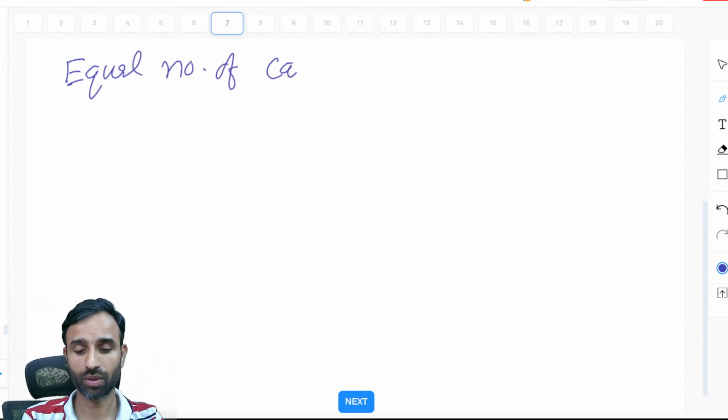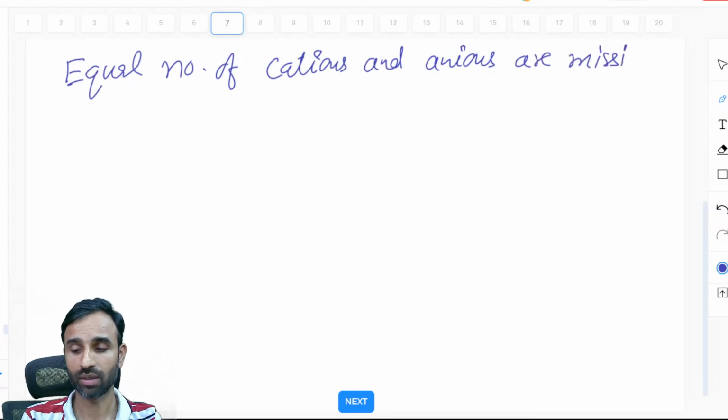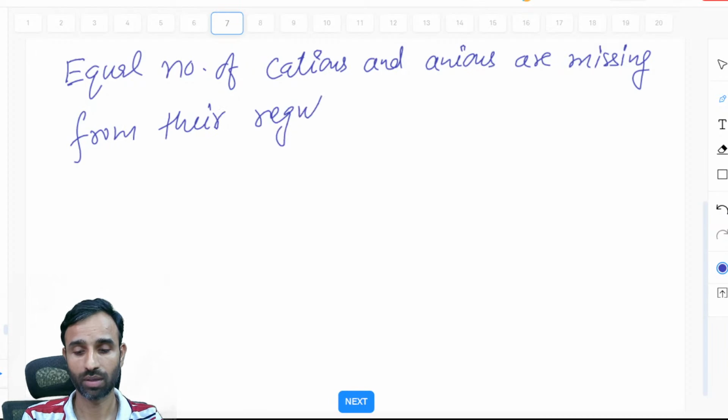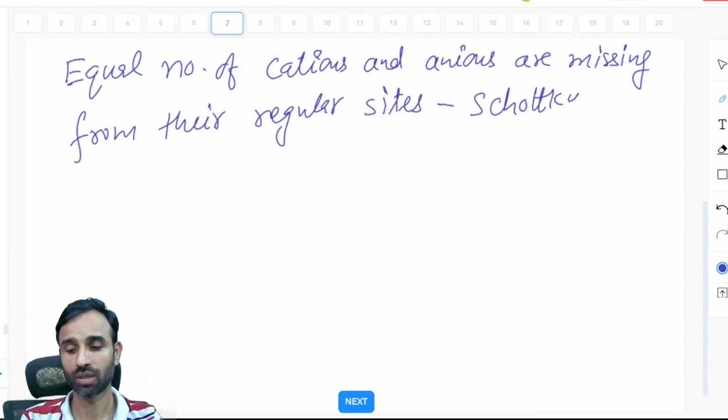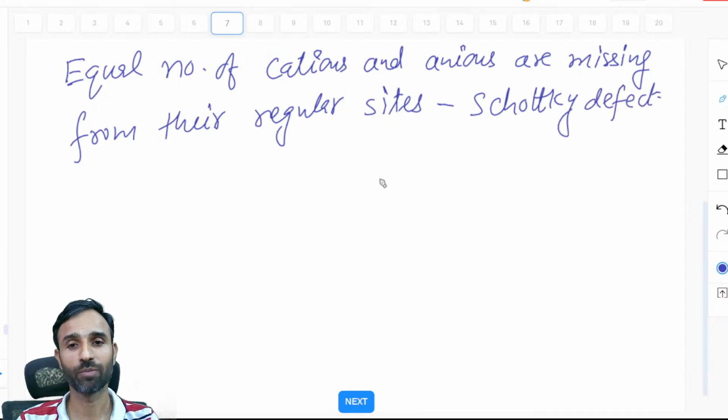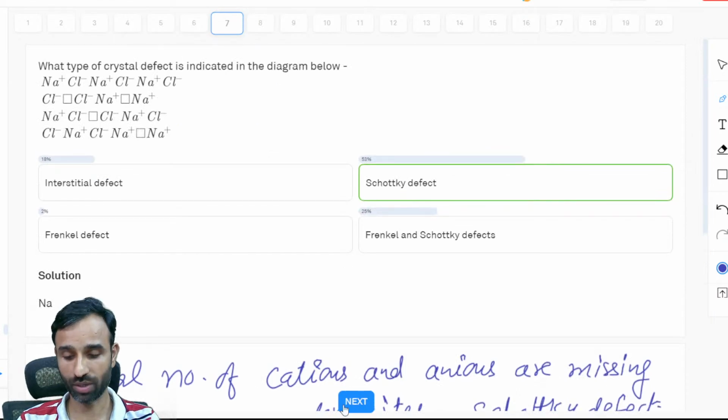Equal number of cations and anions are missing from the regular sites. So that's why it is Schottky defect. Okay, so this is question number 7.